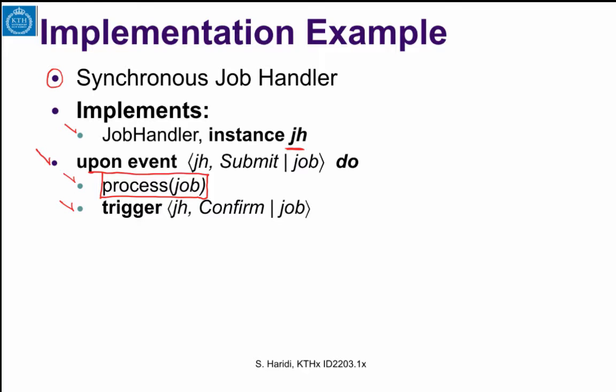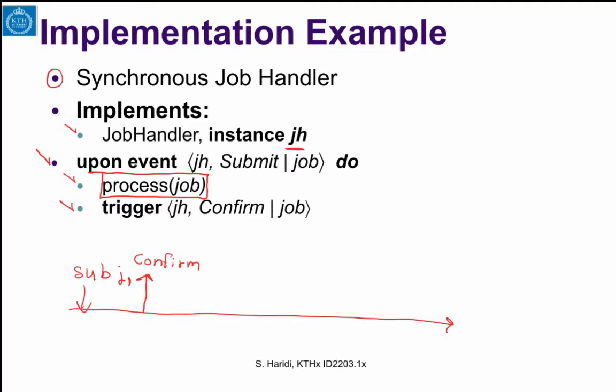So first we did a process, and this is, in a sense, a correct implementation because it accepts submit events and triggers confirm events. As you can see in this execution, for every submit event we will immediately get a confirm. We submit job J1, we get a confirm J1.